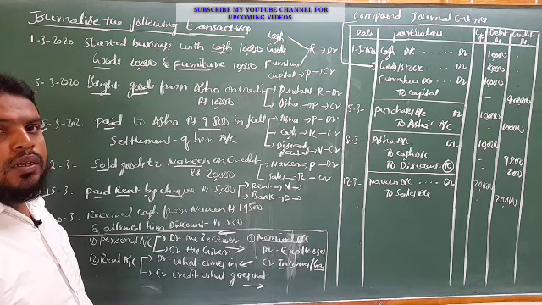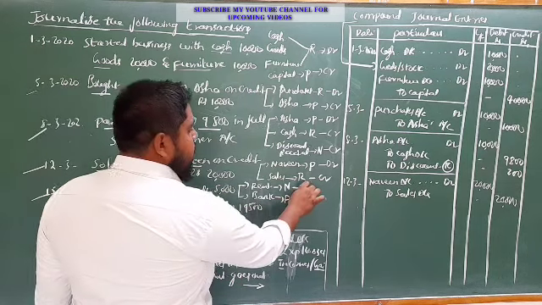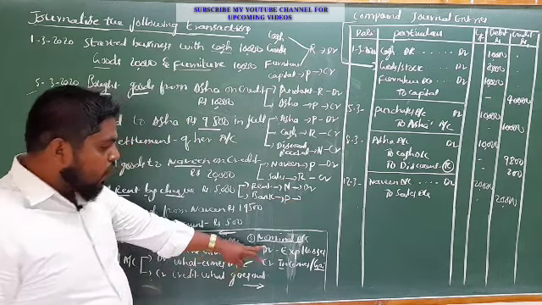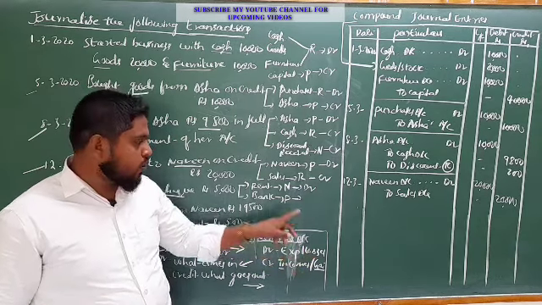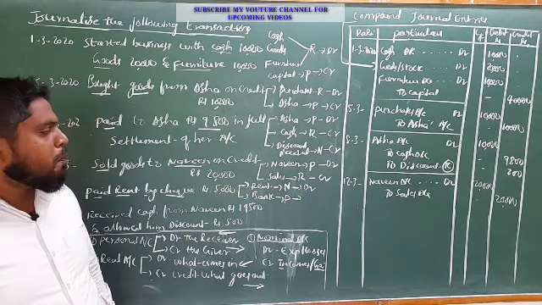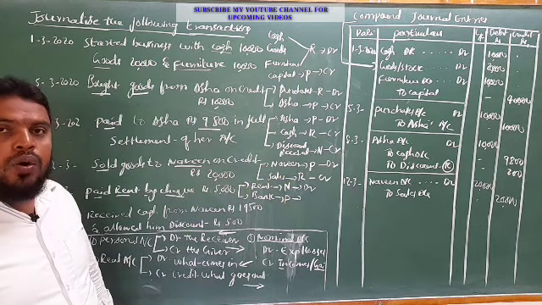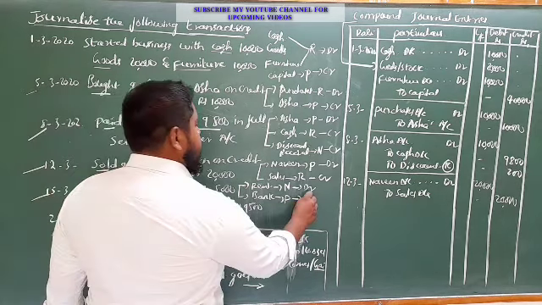Rent is an expense. All expenses are on the debit side. The nominal account says debit all expenses and losses. So we have taken rent on the debit side. Next, bank is a personal account, credit the giver. Bank is the giver, so here credit side.